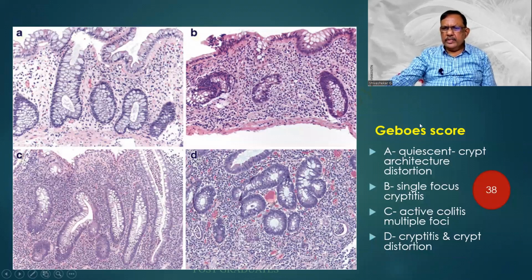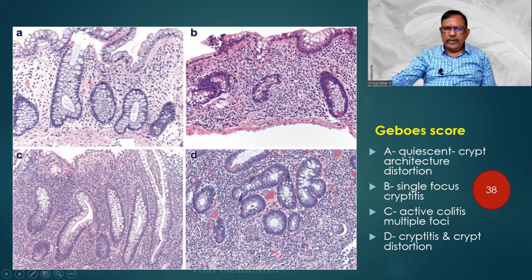There is a scoring system called Gabler's score, in which he identifies 6 different types. So one, it is quiescent, almost normal, but there is slight abnormality. In another one, there is a single focus of inflammation. Cryptitis can be there.